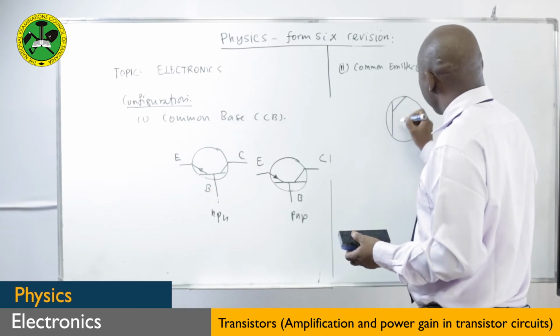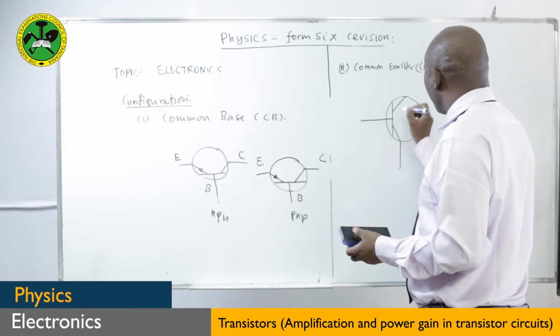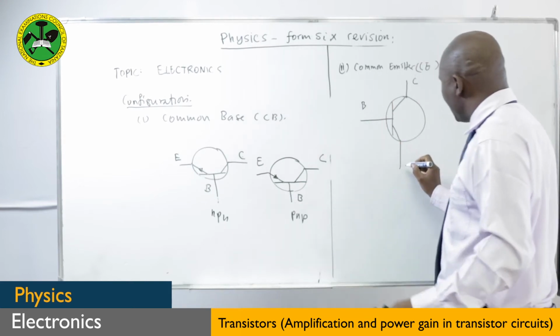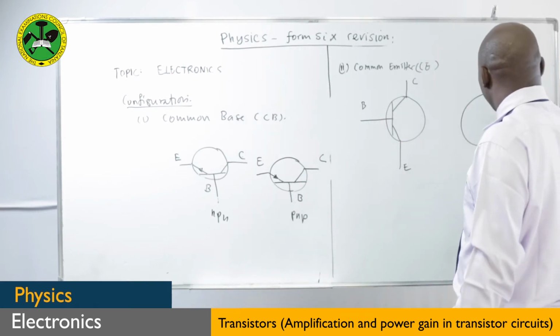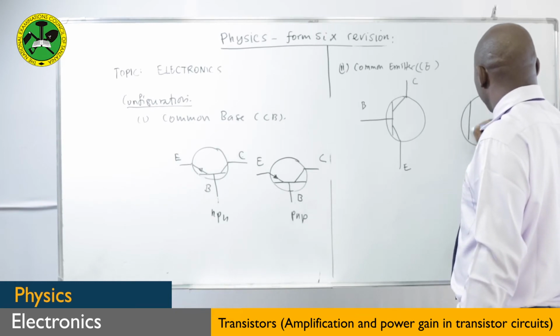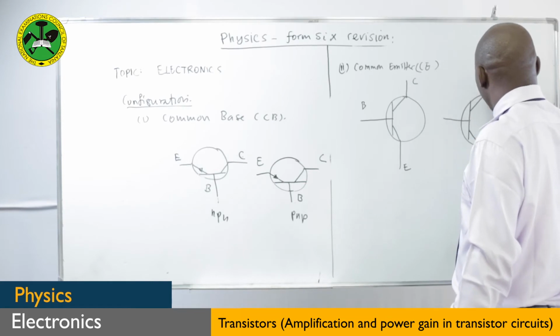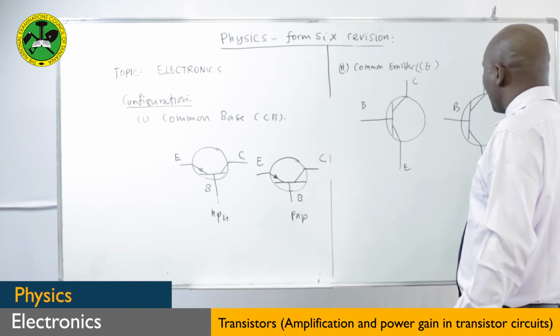We normally draw it so that this time the emitter is on the ground. This is our collector, this is our base, this is our emitter. Depending on whether you have an NPN or a PNP, we shall see these two: collector, base, emitter.